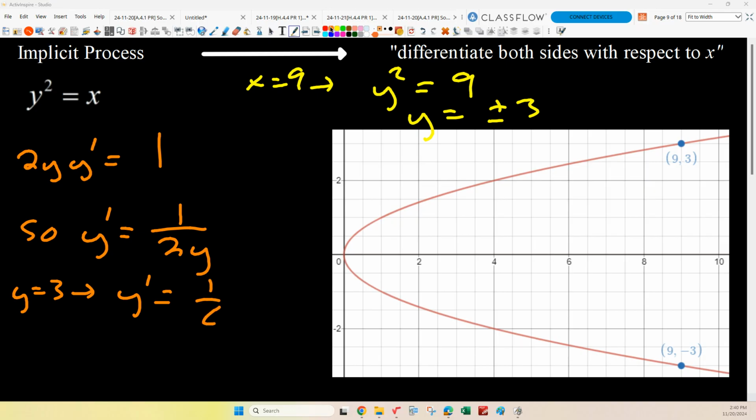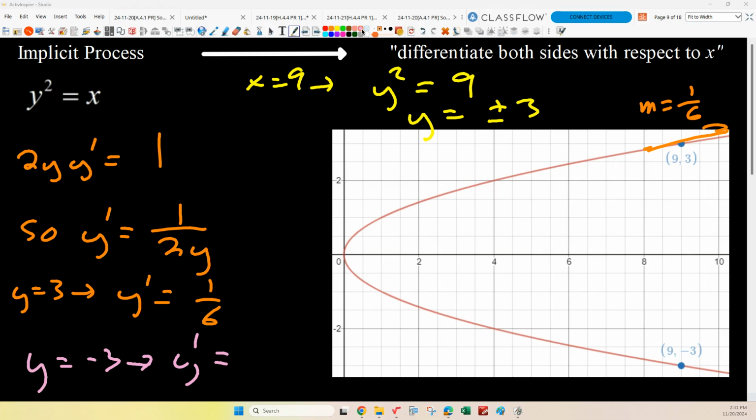y prime is 1 over 6, and look what we get then. We get this point with a slope of 1/6, and so it's a piece of cake to come up with that tangent line now. That's algebra 1, right? If I choose y equals negative 3, then what's y prime?